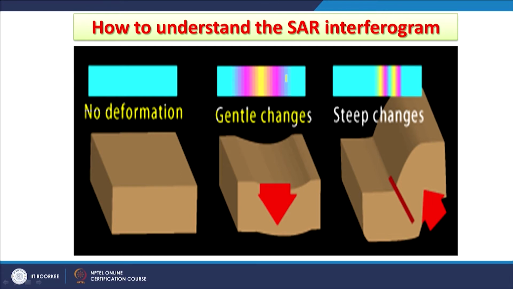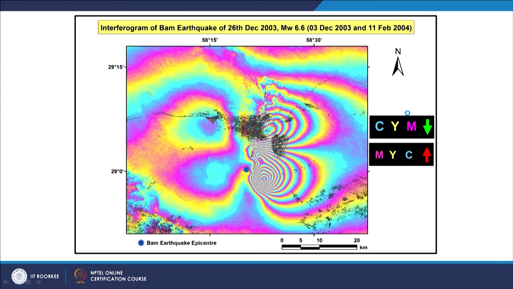And if steep changes have occurred, we might see even two fringes, like the example here. So when we take this interferogram, we can interpret in which part the subsidence has occurred and in which part the upliftment has occurred between these two dates, and we know that between these two dates one big earthquake has also occurred. So we can attribute very confidently that these ground deformations are because of that particular earthquake.